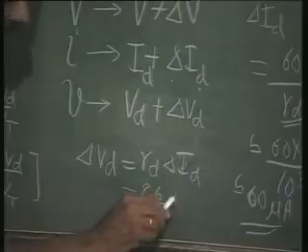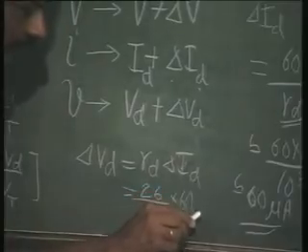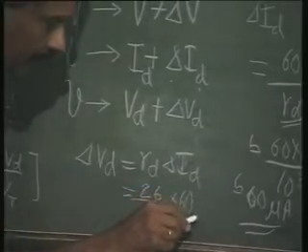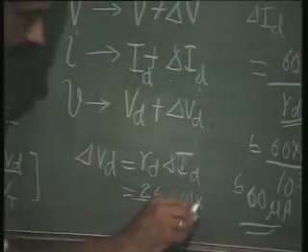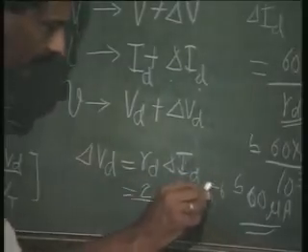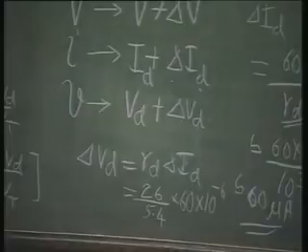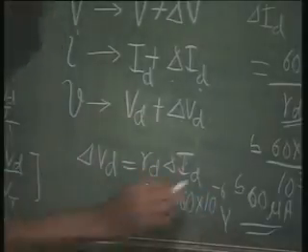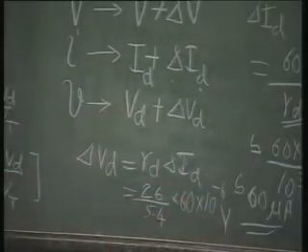This into the change, that is 60 microamperes, which is 60 into 10 to the power minus 6. So the whole thing is in volts. It is going to be 26 into 60 by 5.4, so many microvolts.